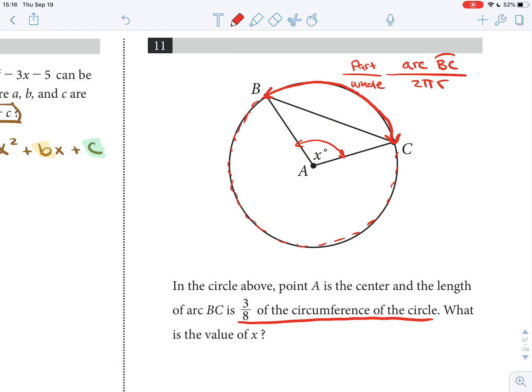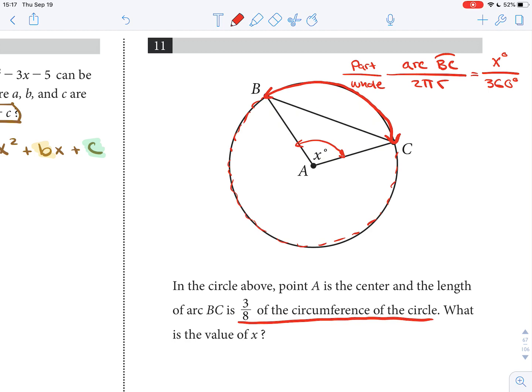So the arc BC out of 2 pi r has to be proportional to the central angle x out of 360 degrees. But this problem is sort of easier than that in the sense that they tell us that the arc is 3/8 of the circumference.